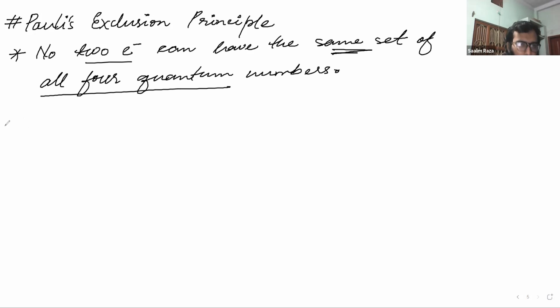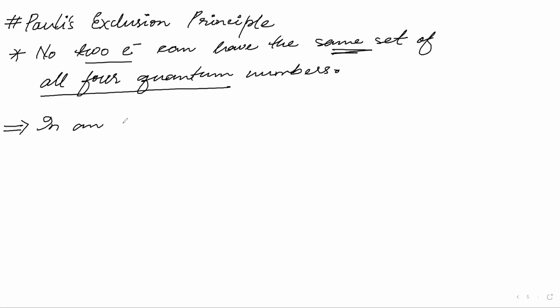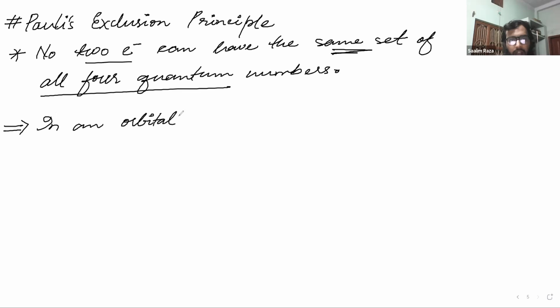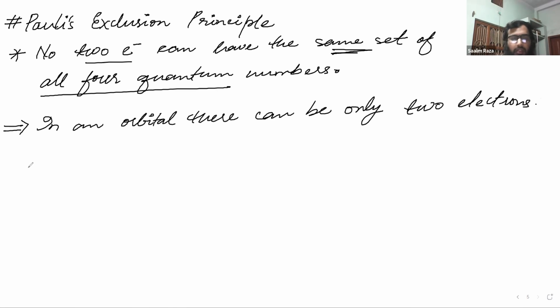What does this imply? This implies that in an orbital there can be only two electrons, right?